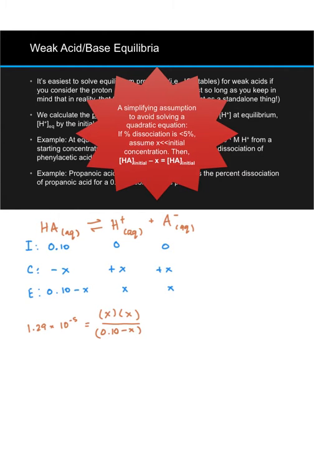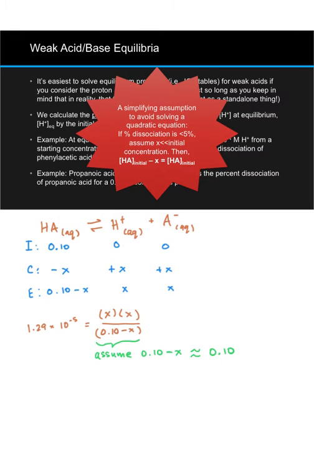We can assume that this entire quantity, 0.1 minus X, is small. We'll make the simplifying assumption that 0.1 minus X is so close to 0.1 that it really makes no difference whether we call it 0.1 or 0.1 minus X.